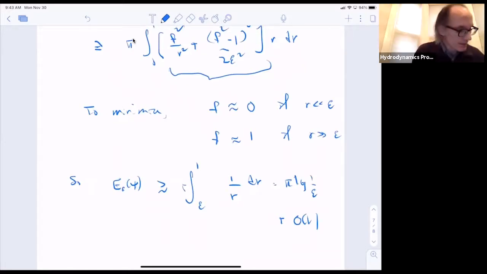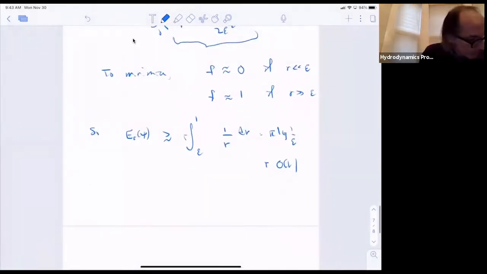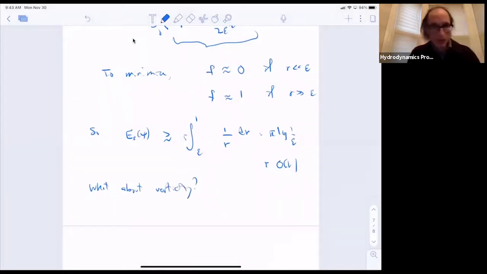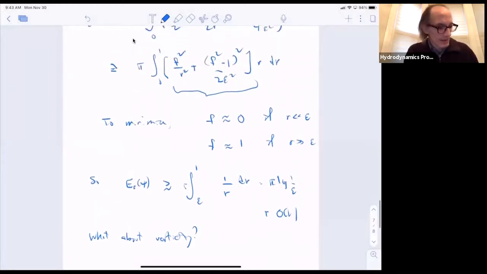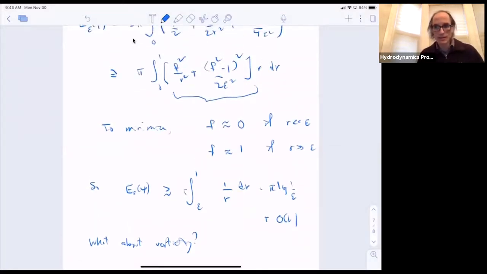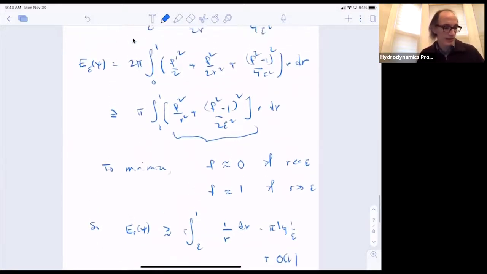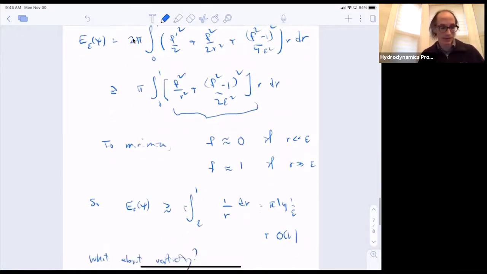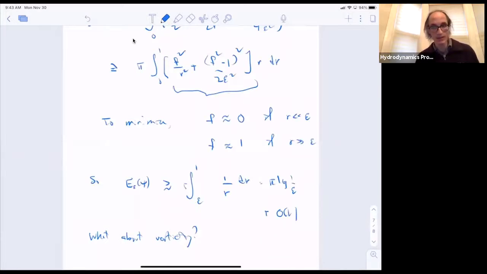So what about vorticity? Well, to back up, what we can see is that we can have energy of order pi log 1 over epsilon if you're a bit more careful.